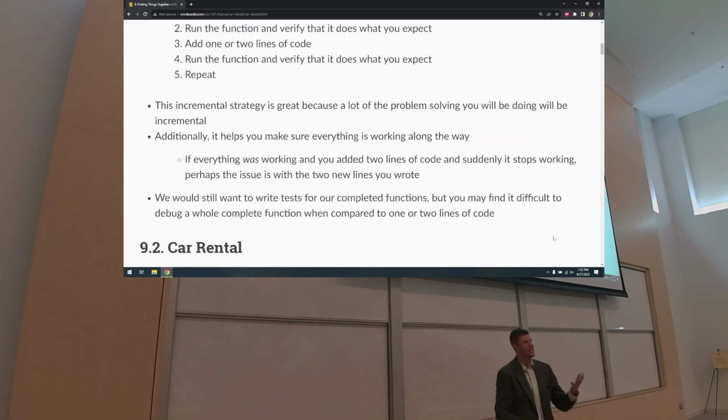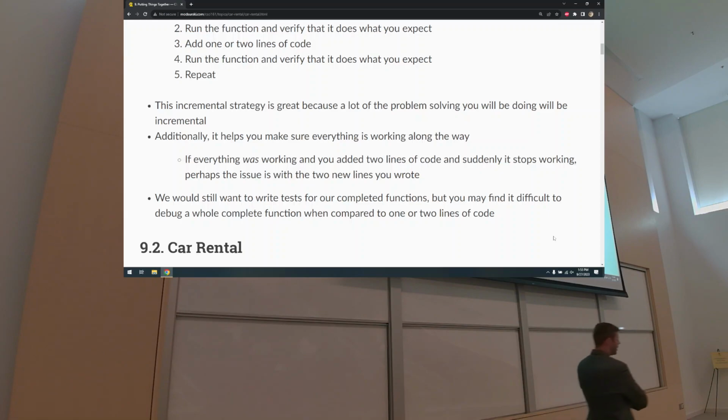Even though you're certain the code is right, write the tests for the whole function, because maybe when you were writing it iteratively, you weren't thinking about the function as a whole, and maybe you missed some edge cases. There's something called test-driven development, where before you write any lines of code for the function, you sit down and write all the tests first.